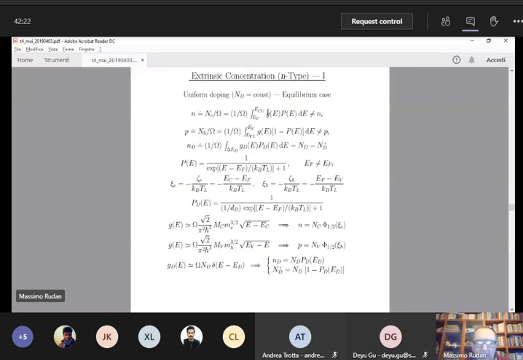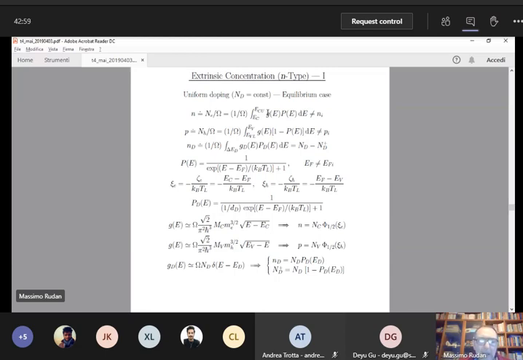We can also make a reasoning. The concentration of the electrons Nd that are present in the phosphorus or in the donor atoms, this concentration of electrons can be thought of as the concentration of the dopant atoms that has not ionized, because the electron is still in the atom.